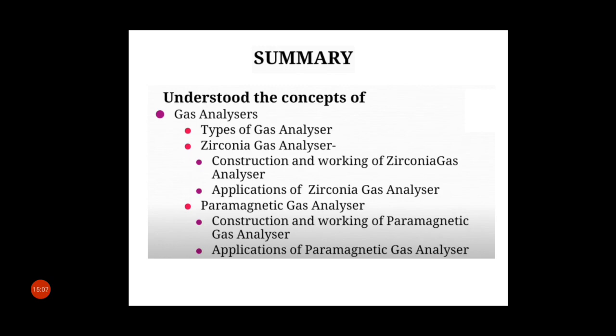Depending on the principle selected for the gas analysis, gas analyzers can be classified as gas chromatograph, IR gas analyzer, thermal conductivity gas analyzer, paramagnetic gas analyzer, electrochemical gas analyzer, ORSAT apparatus, gravimetry gas analyzer, and methanometer.